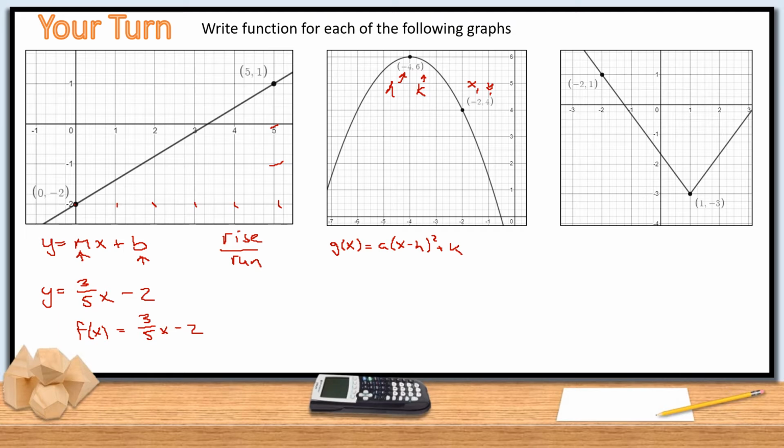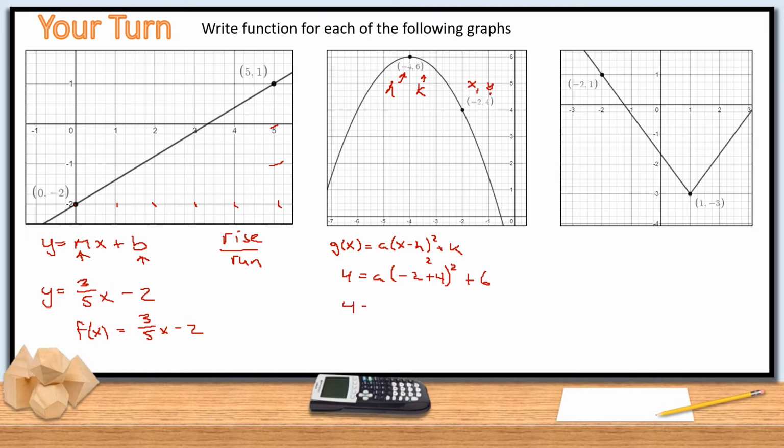So the y value was 4, the x value is minus 2, the h value is negative 4, so it's going to be minus negative 4, it's going to be plus 4. Watch out for that, that catches a lot of people out. And plus 6, that double negative gets a lot of people caught up. All right, so minus 2 plus 4 is 2, so it's going to be 2 squared, which is 4.